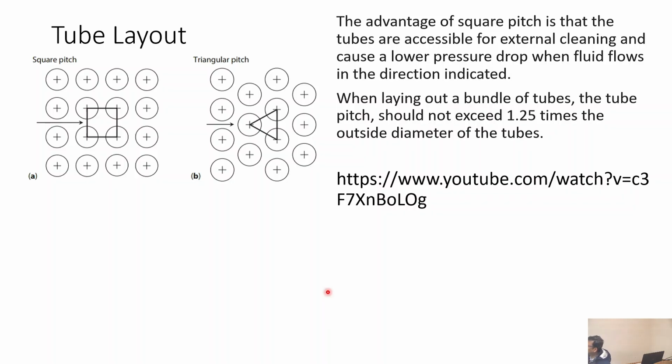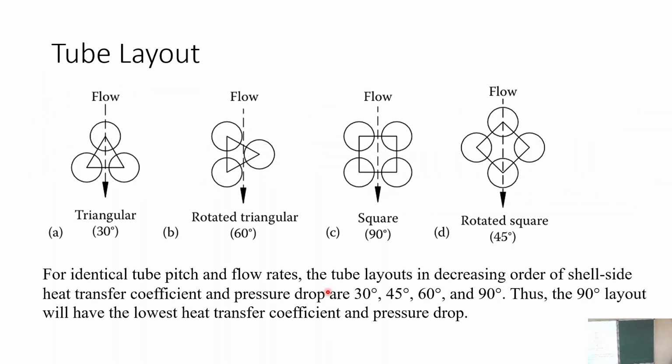Now, we will expect that in the second case, the triangular pitch case, since you are generating more turbulence, you will be able to get better heat transfer, right? Now, these are some of the arrangements. So this is triangular, 30-degree, rotated triangular and all that. This becomes square, and this is rotated square.